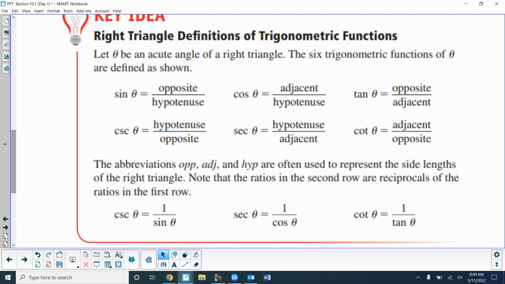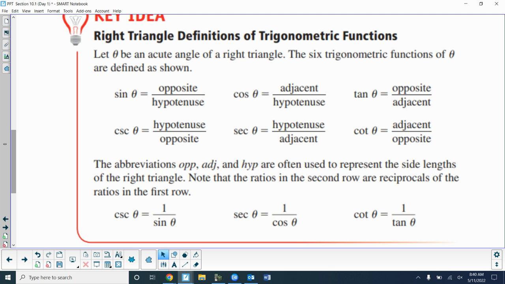So they use abbreviations OPP, ADJ, and HYP for those 3 sides. And since those are reciprocals, you could also think of cosecant as 1 over the sine, secant as 1 over the cosine, and cotangent as 1 over the tangent. You can think about it that way as well. But we usually just flip the fractions.